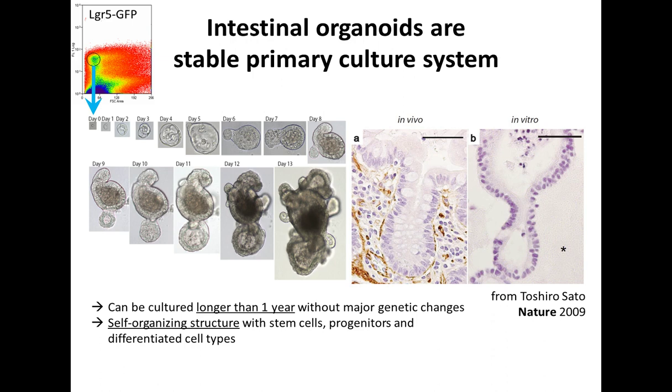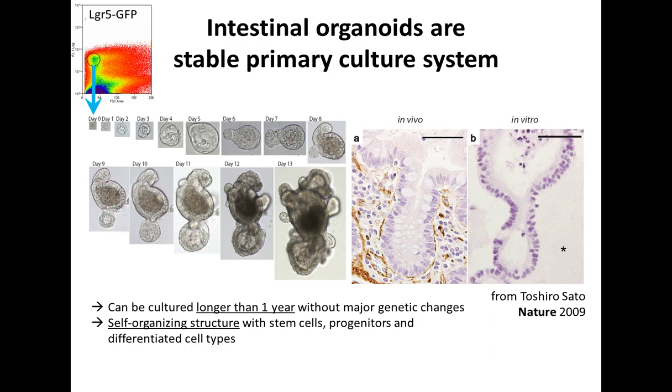After many trials, he basically found a very magical combination, which is a growth factor combination, such as EGF, or mitogen, Noggin to block BMP signal, and R-spondin for activating Wnt signaling.